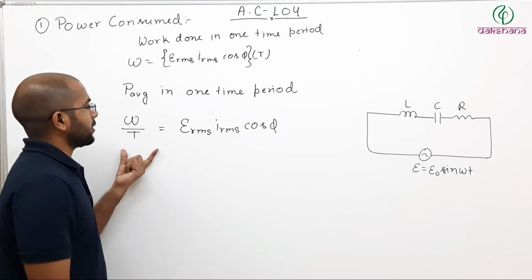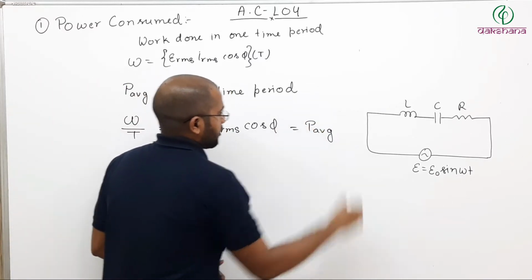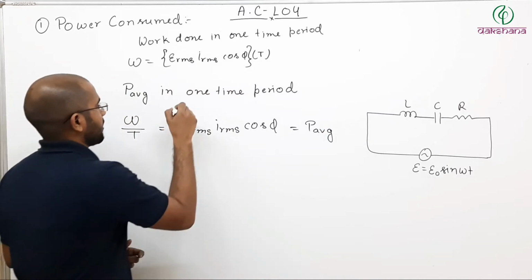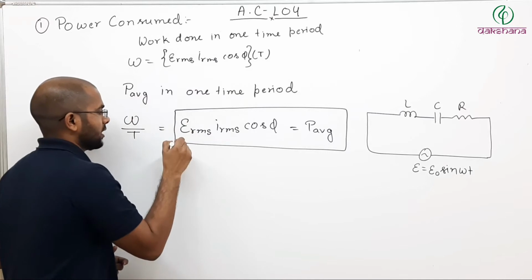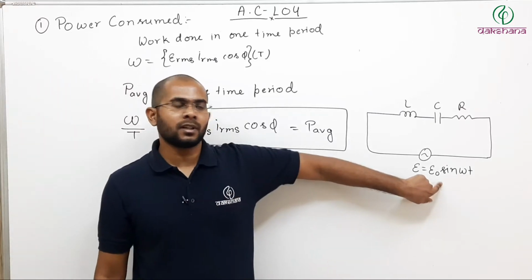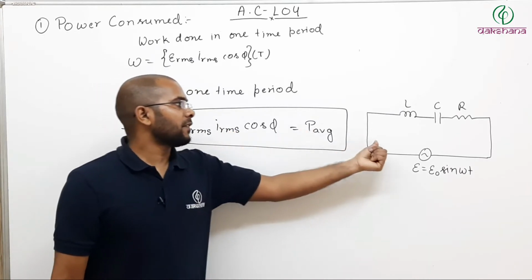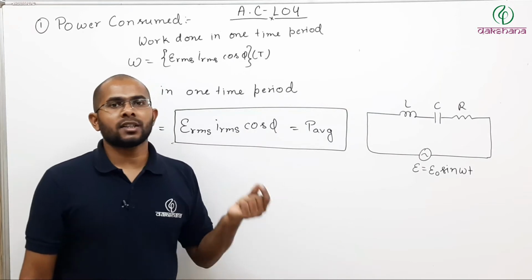That is your average power. So P average in one cycle comes out to be RMS potential or EMF of your source multiplied by RMS value of current multiplied by cos phi.